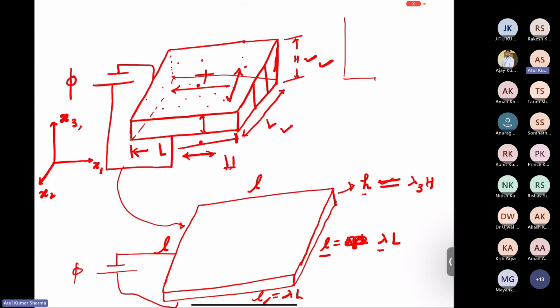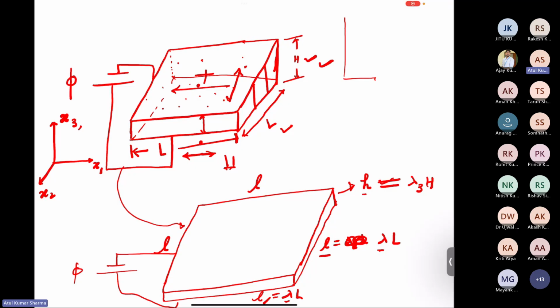That's why we have a lambda, which we call the stretch parameter, which defines the ratio of the dimension in the deformed configuration to the undeformed configuration in the principal direction. That is small l upon capital L, or lambda 3 is small h upon capital H. This is how we define how the dielectric elastomer will undergo deformation, or you can say this defines the kinematics.